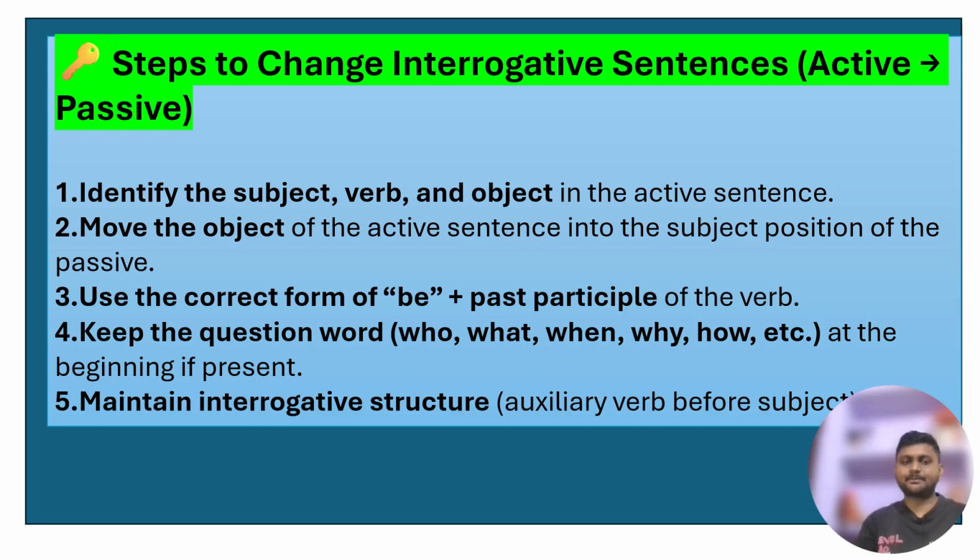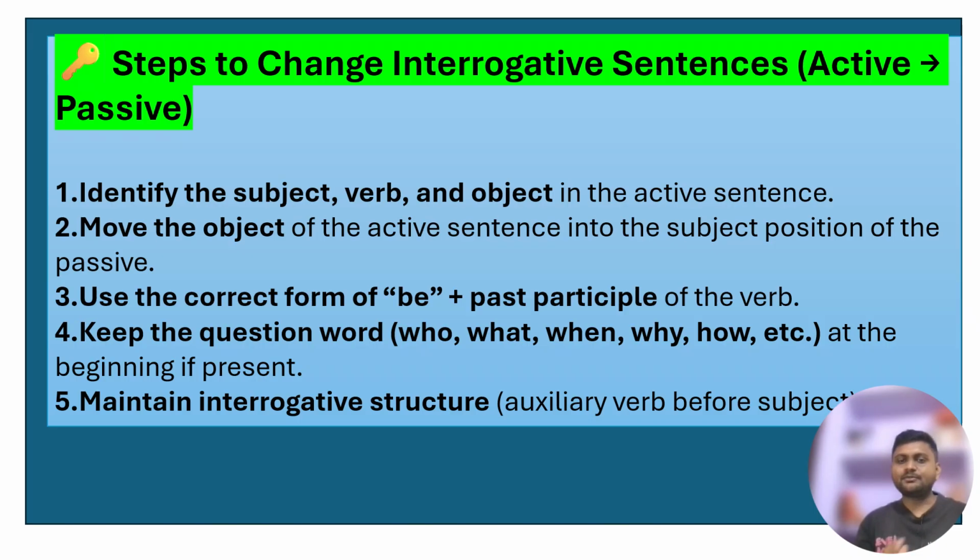In the second step, we have to move the object to the place of subject and the subject to the place of object. In the third rule, we have to use the past participle, which is the verb's third form, and the correct form of be. Be has many forms such as is, am, are, was, were, has, had.